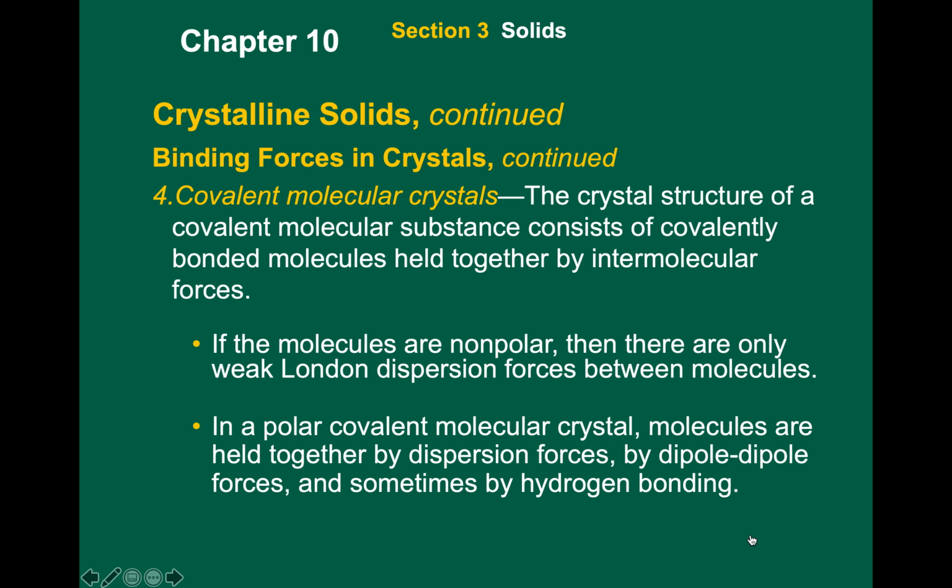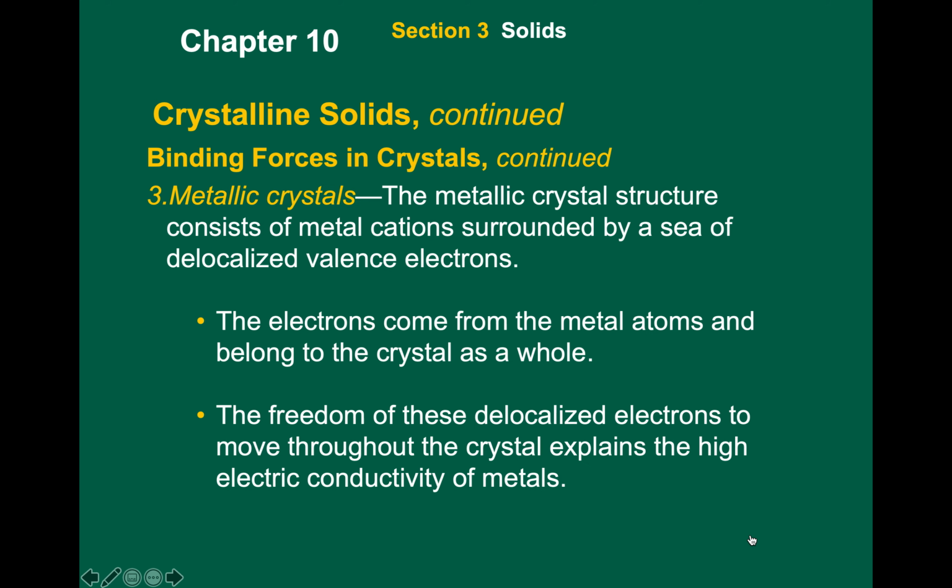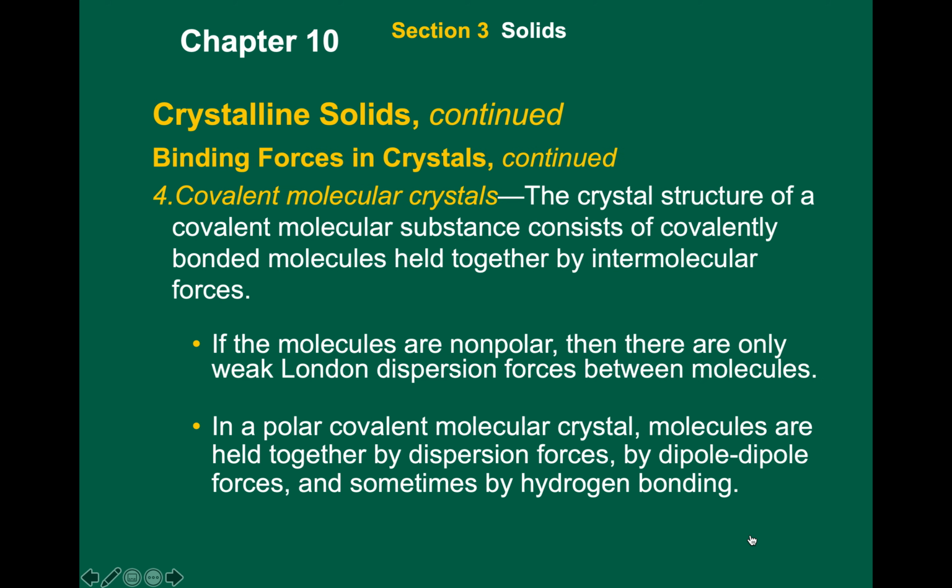Our next one and our last one is going to be the covalent molecular crystal binding forces. If you look back to our second one, these guys are going to involve molecular compounds versus covalent network compounds. Remember, the term molecular means organic, or carbon, hydrogen, oxygen.